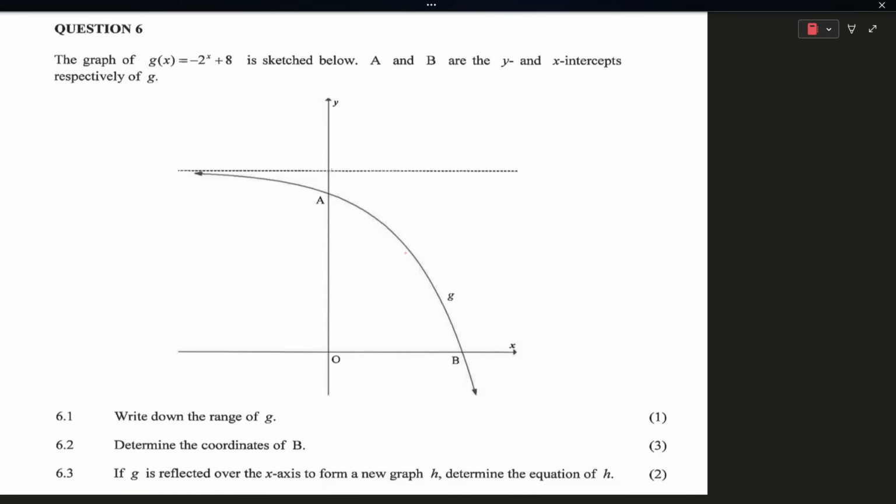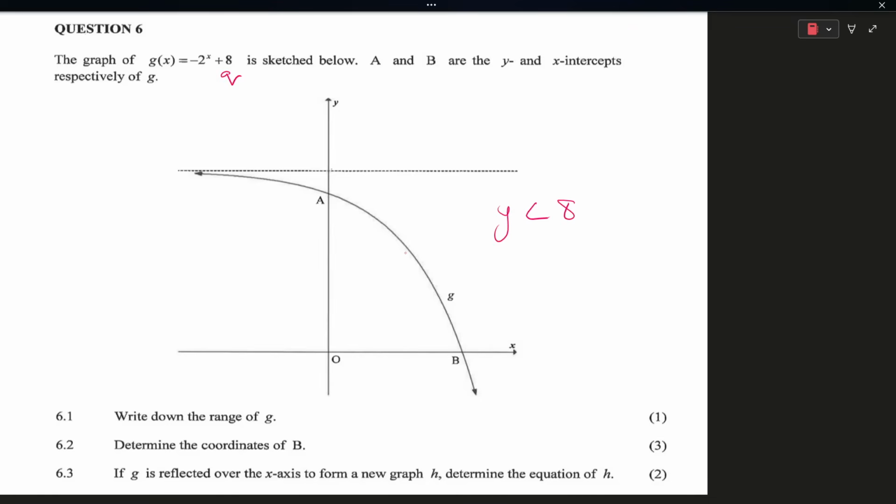That is here, the value of q, because remember your formula says y is equal to a b to the power of x plus q. So what is your range? Does y exist when y is greater than or below 8? When it is below 8, that is your range.